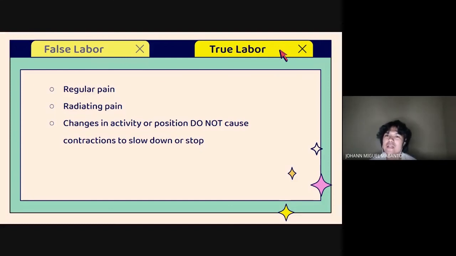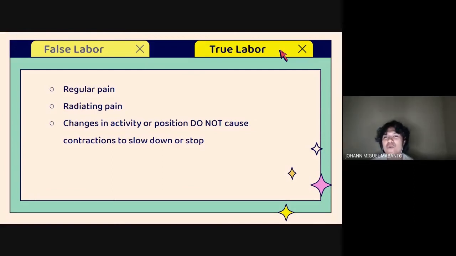So pain tends to begin high in the abdomen, radiating throughout the entire abdomen and lower back or vice versa. So kung ang sakit po ay kumakalat hanggang sa ating likod o di ho kaya sa iba pang parte ng ating tiyan o puson o bandang ari, ito po ay masasabing true labor. And lastly, changes in activity or position do not cause contractions to slow down or stop.